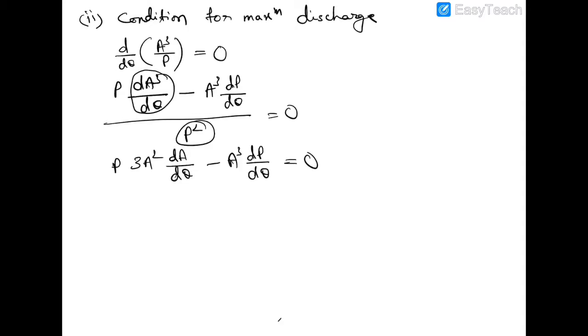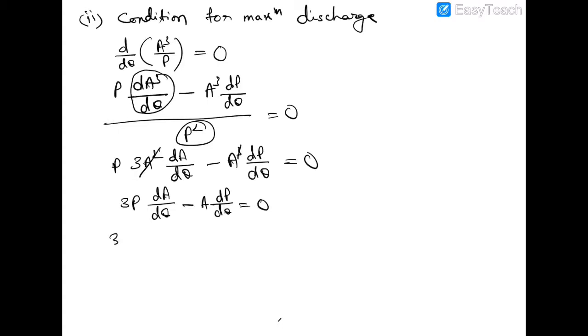Now here we can cancel this A square by this A cube, so it will become 3P dA/d theta minus A dP/d theta is equal to 0. Now again we have to substitute the values of P, dA/d theta, A, and dP/d theta in this equation.